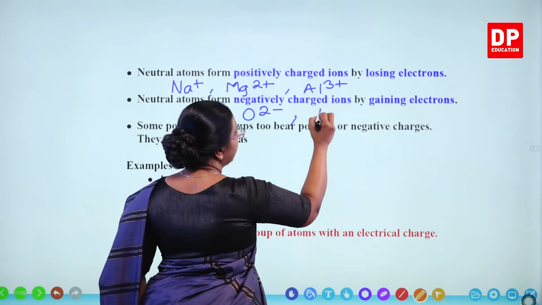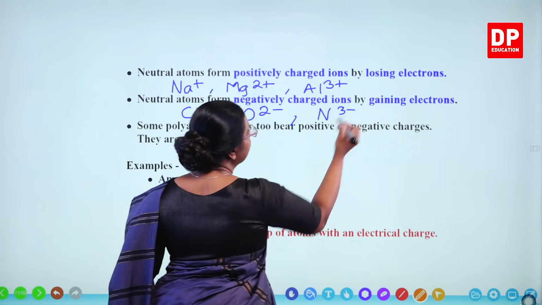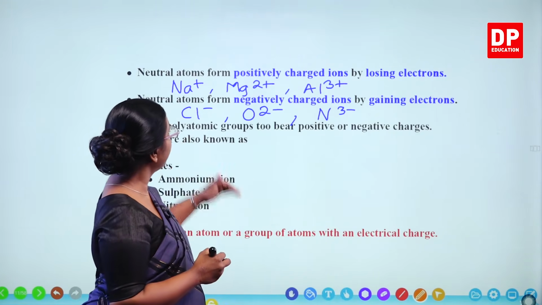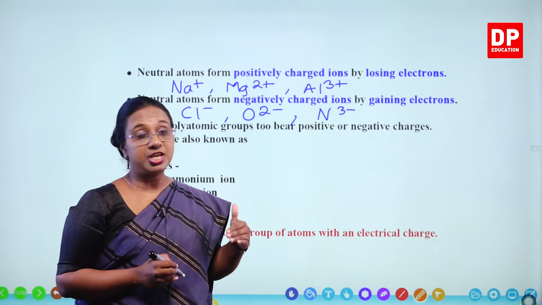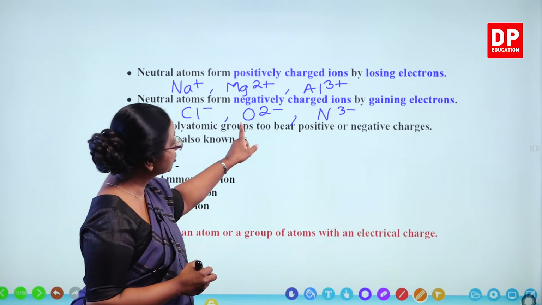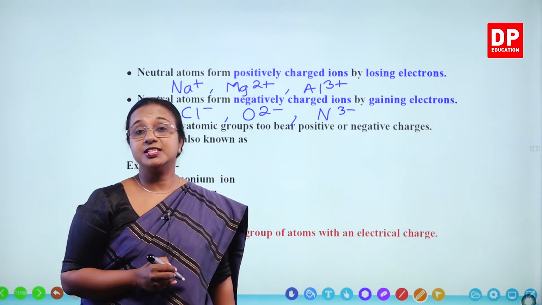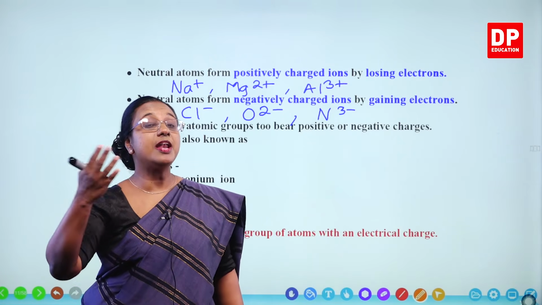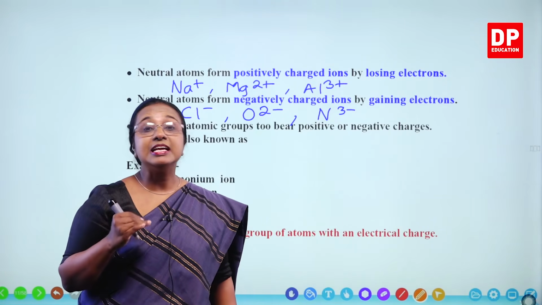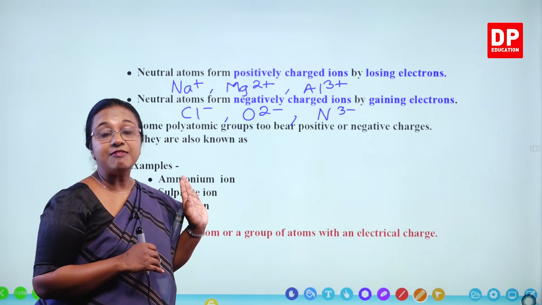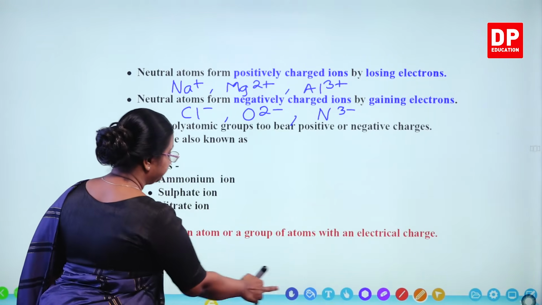The same way if we take nitrogen N3 minus nitride ion. So I told you all here the name changes. Chloride, oxide, nitride. And you can see here also the charges change depending on the number of electrons that are gained by the atom. So they form negative ions or anions.